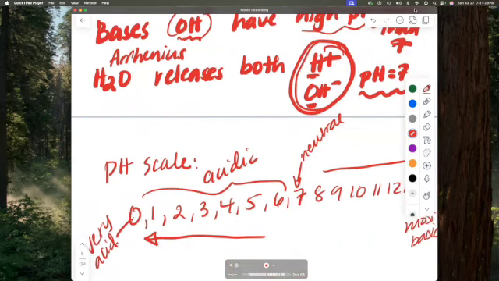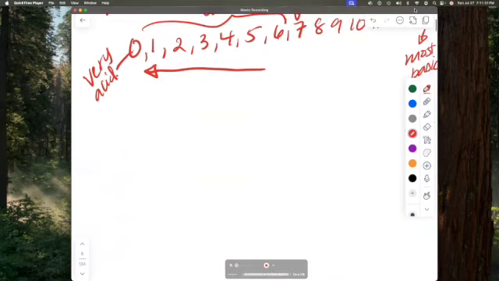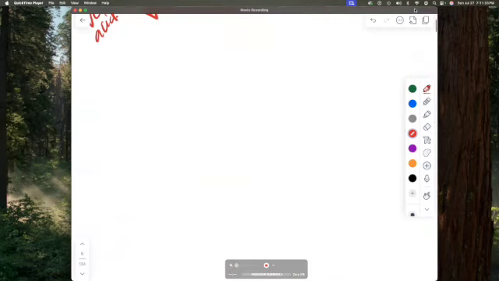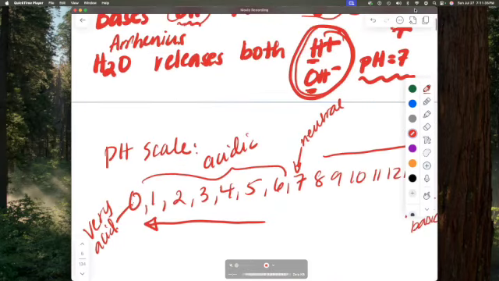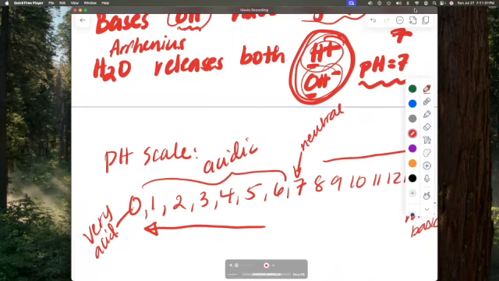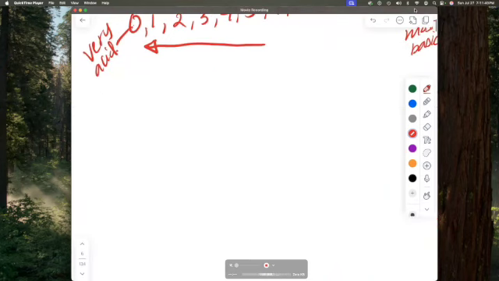Of course, when you look at the compound water, right? Now I said here, water releases both hydrogen ion and hydroxide ion. Water has the formula H2O, right?